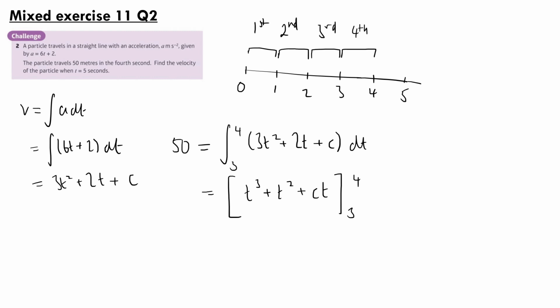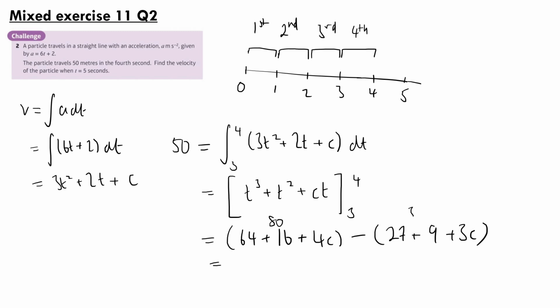And plugging these values in, we get 64 plus 16 plus 4c minus 27 plus 9 plus 3c. And that'll give us, here we've got 80 and here we've got 36, so we'll have 44 plus c. And therefore c equals 6, and so our velocity is 3t squared plus 2t plus 6.